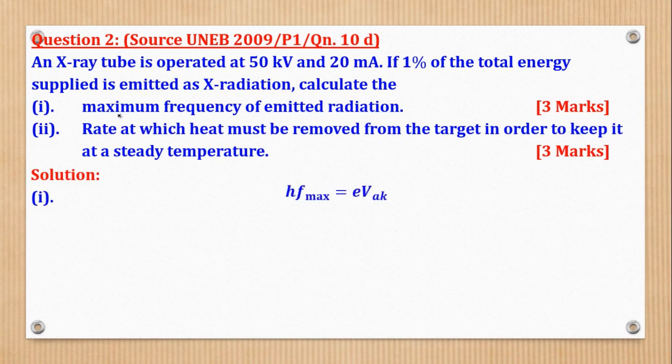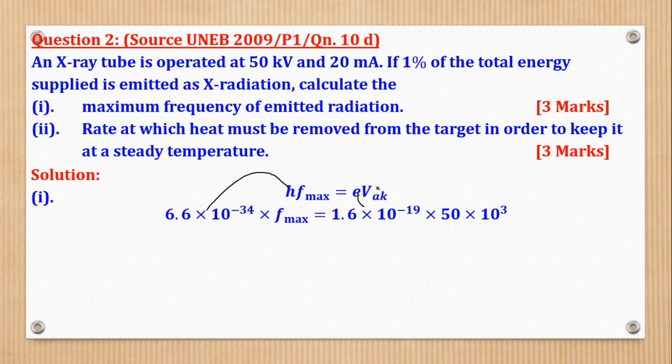First of all, for maximum frequency, we use hf_max is equal to eV_AK. Then you substitute Planck's constant, electronic charge, accelerating PD. This is the only unknown, therefore make it the subject, and that would be the answer they wanted.